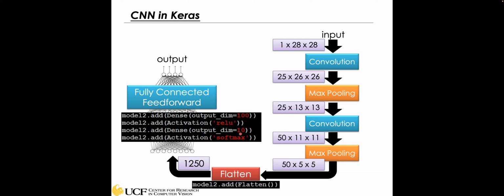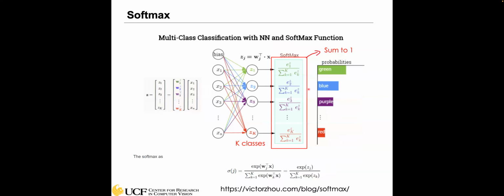And then I use the softmax layer to map whatever output you have to a range between 0 and 1, so we have a better interpretation in terms of probability. Okay, so that's how you can construct your neural network.